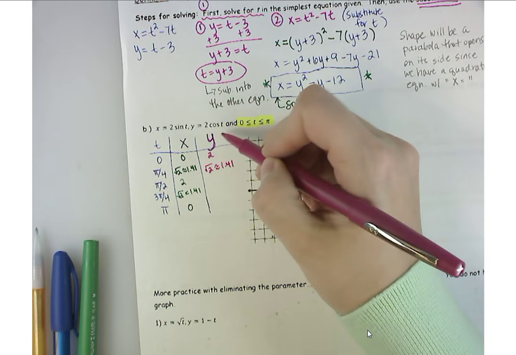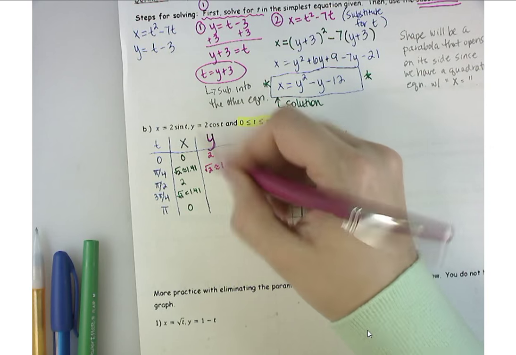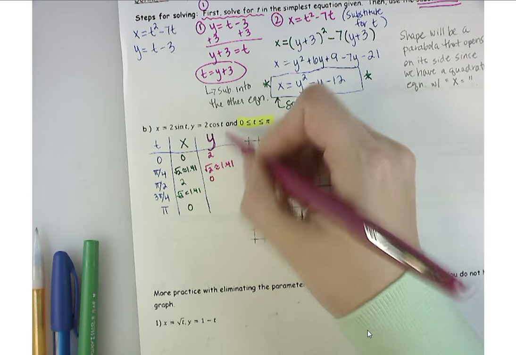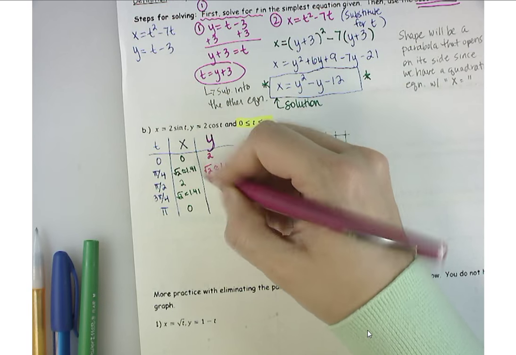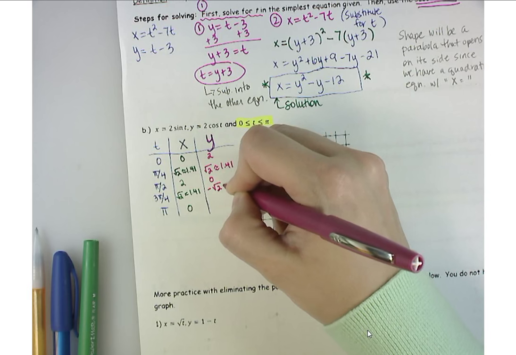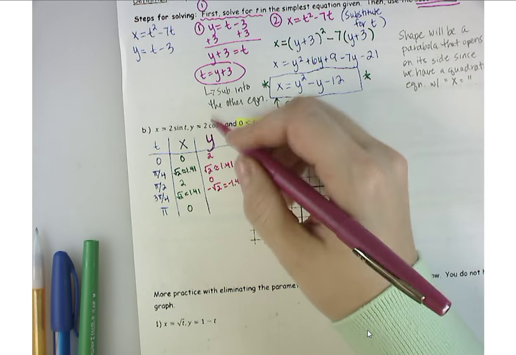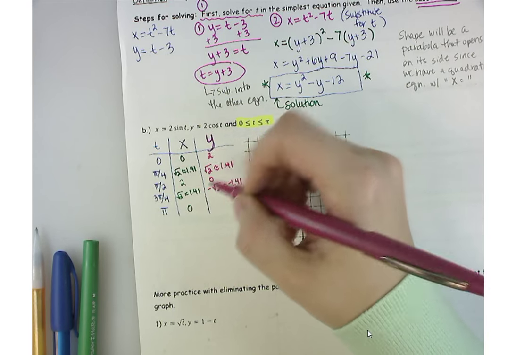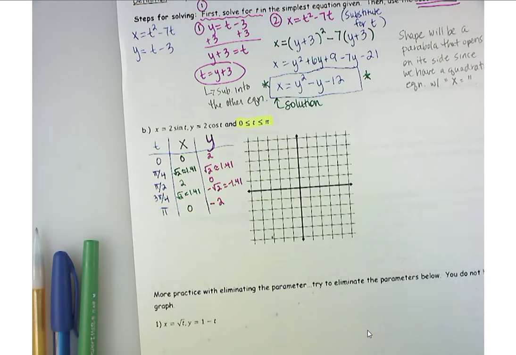At pi over 2, the cosine is what? 0. Now here, at 3 pi over 4, this is in quadrant 2, which is where the cosine is negative. So this will be negative root 2. So negative 1.41. And then at pi, the cosine is negative 1. So negative 1 times 2 is negative 2.